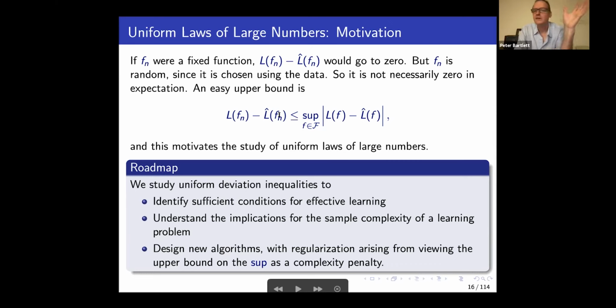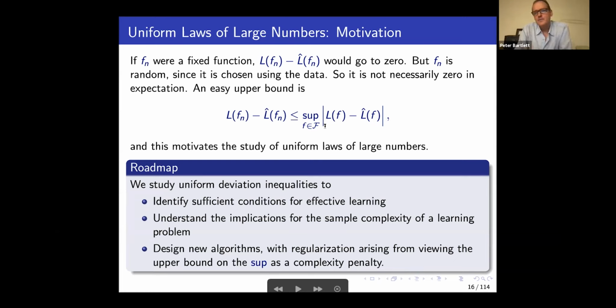So no matter what emerges as the empirical risk minimizer, that difference is certainly upper bounded by the maximum over the class of the difference between these two.